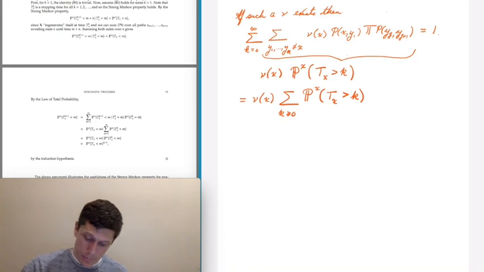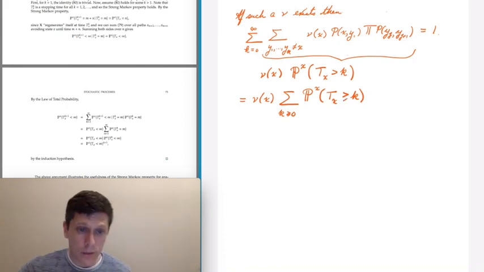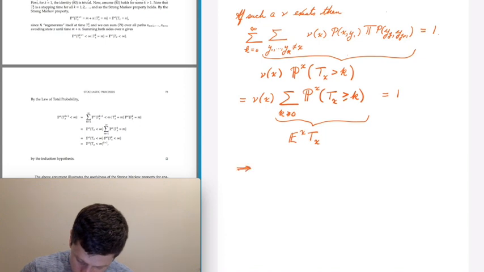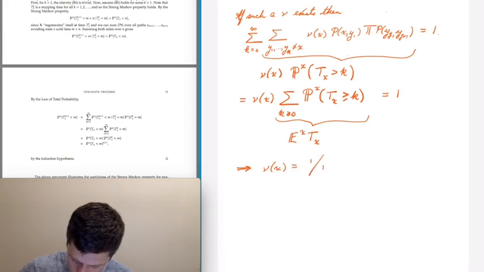So this sum is actually equal to this one. And we've shown earlier that this is equal to the expectation. And we know that this has to equal 1. Okay. So that means that if nu x is going to equal anything, it has to equal 1 over this expectation.